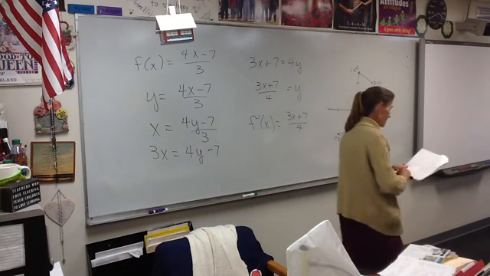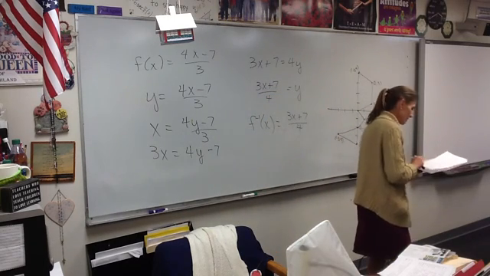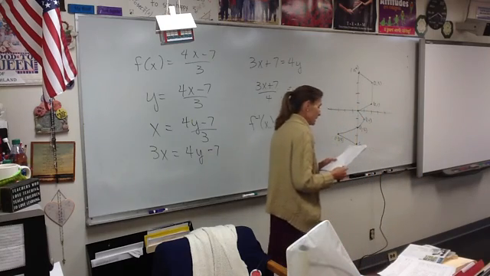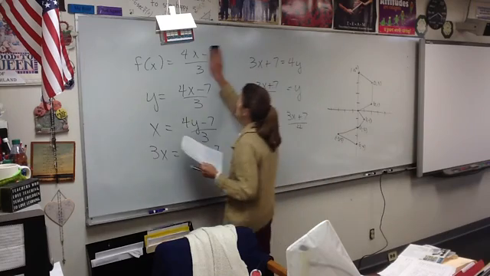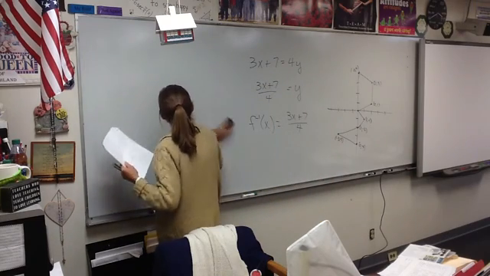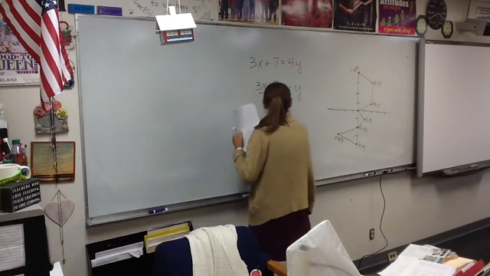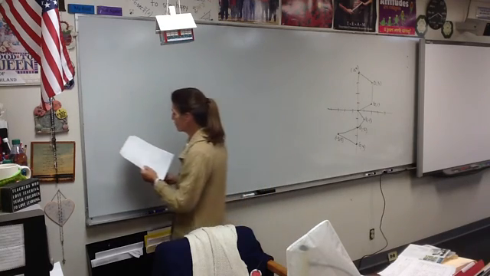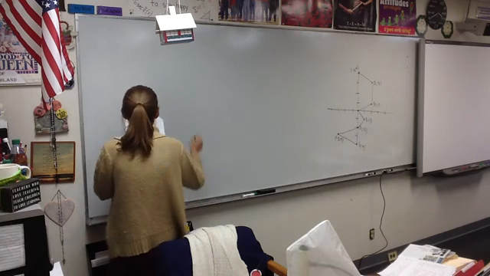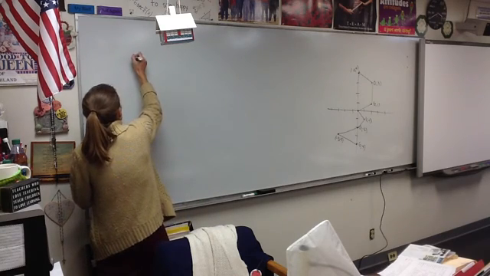Turn the page, we're on the next page of your note sheet. And the whole first part of this is review. The second part adds a little bit of a twist, but the whole first part, number 1A, is review.